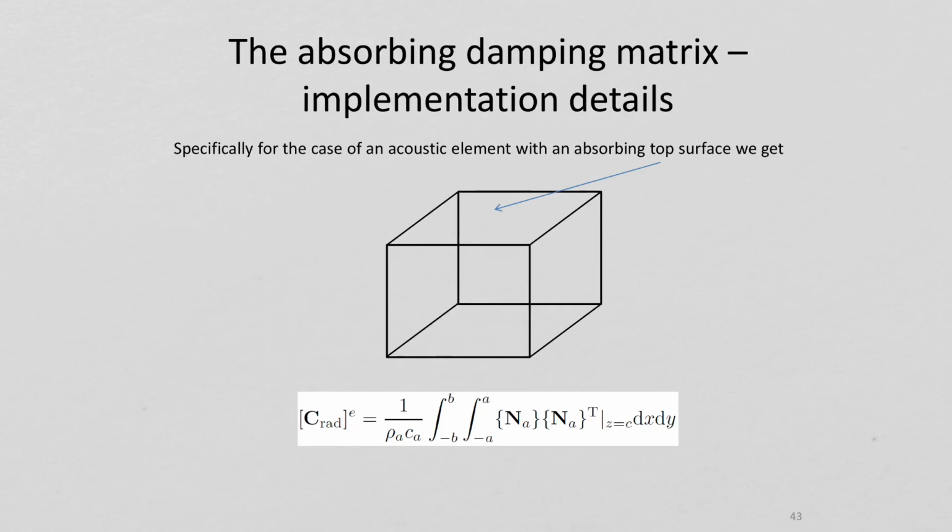So now, having the drawing again here, we are on the top surface where we have the absorbing boundary condition. That means that we do this final integration in order to get our local damping matrix.